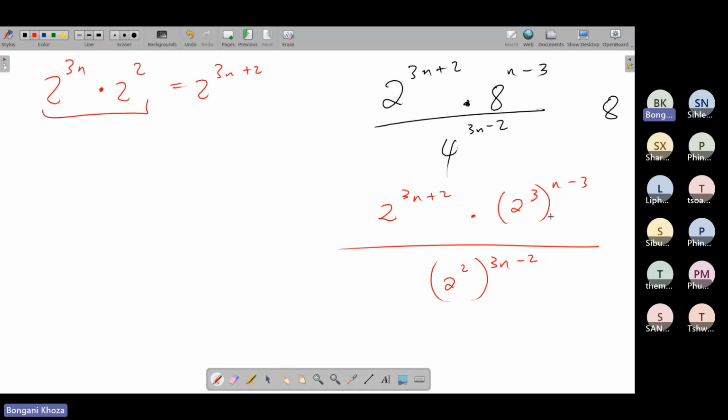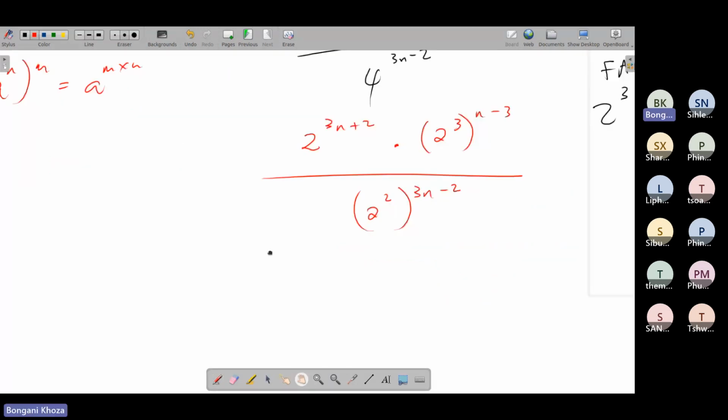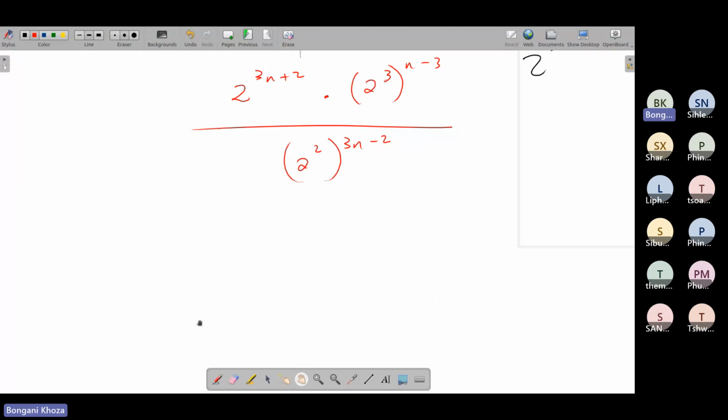Right. Another law that we need to remember is the one whereby we're having an exponent raised to another exponent. When an exponent is raised to another exponent, we multiply the exponents like that. All right, let's see. So that means here we're just having 2 exponent 3n plus 2.